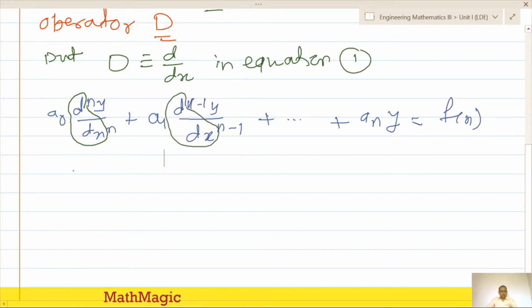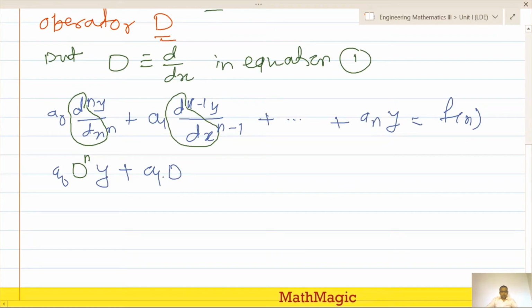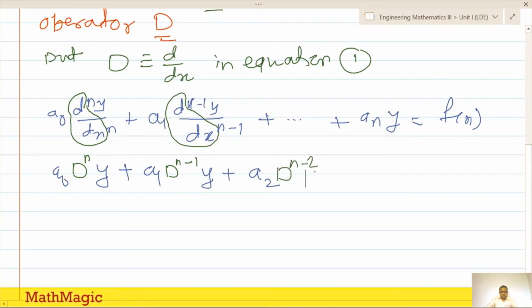Okay, so therefore a naught, now it is D raised to n y, plus a1 D raised to n minus 1 into y, plus a2 D raised to n minus 2 into y, plus up to an y.